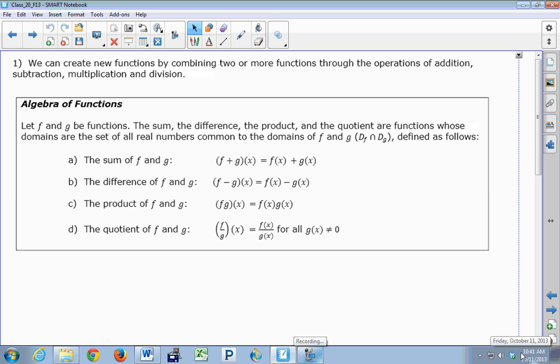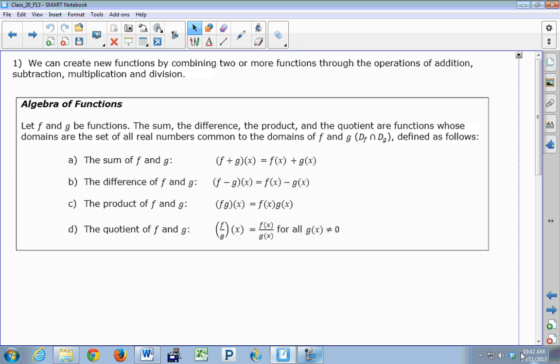Let f and g be functions. The sum, difference, product, quotient functions instead of D. So what do we think the D is representing here? D with this little subscript f, if it's coming from the phrase just before it.